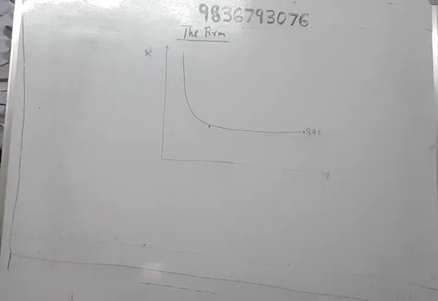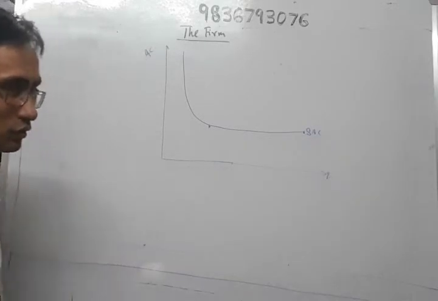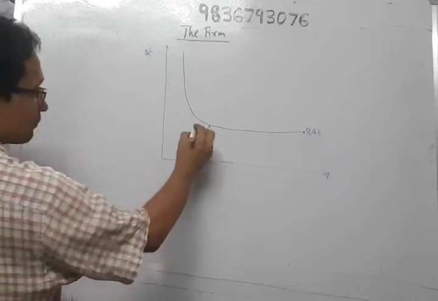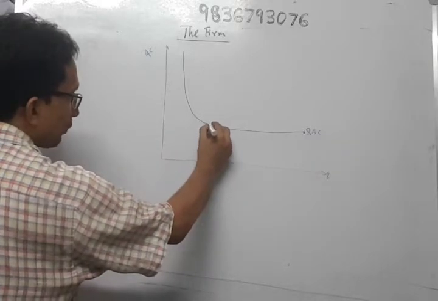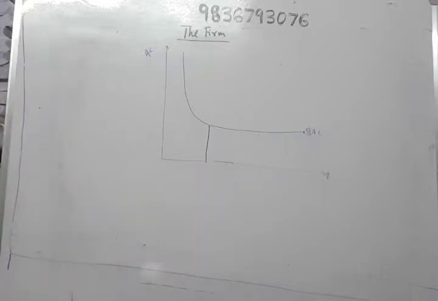Now, MES is nothing but the smallest level of output that corresponds to the short-run average cost curve, which is again representative of the fixed factors of production, that gives the lowest possible cost to produce. So it is the smallest possible level of output at which the cost of production is lowest given this short-run average cost curve.